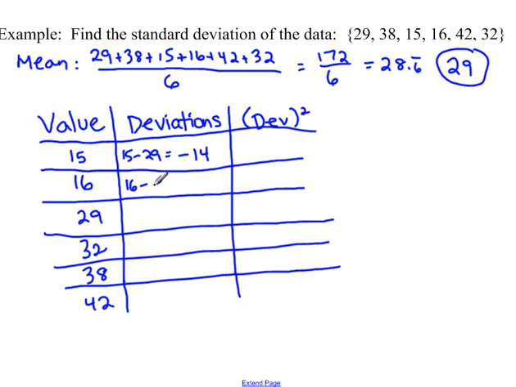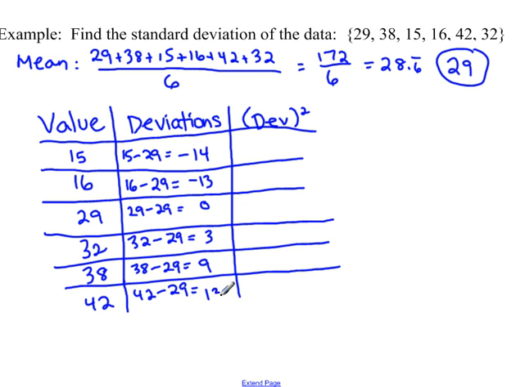So 16 minus 29 is negative 13. 29 minus 29 is 0. 32 minus 29 is 3. 38 minus 29 is 9. And 42 minus 29 is 13. Remember, this column is the value minus the mean. Okay, so take the value and subtract the mean.